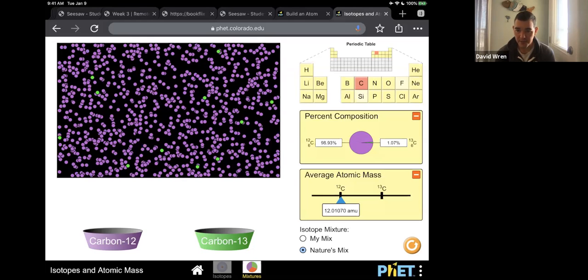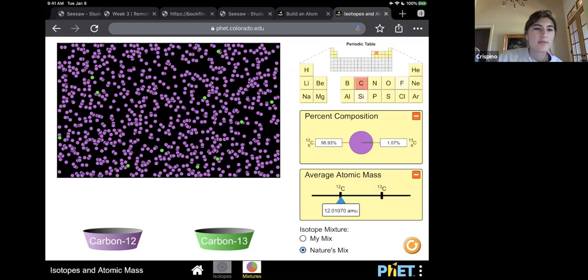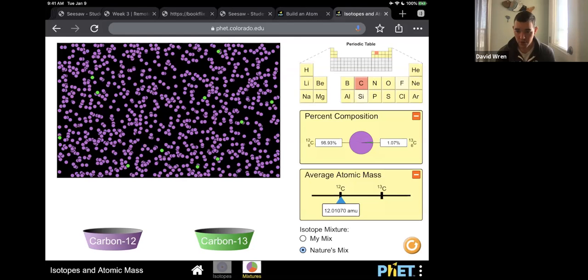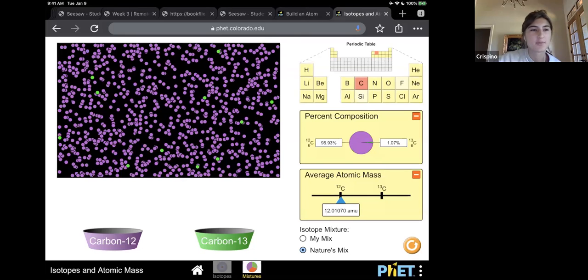The weighted average is the percent times the mass of the individual isotope. If you know the mass of each isotope and its percent composition in nature, you do just like we did: multiply that percent as a decimal, like point something, by the mass, and then add all three of those together. Okay, thank you.